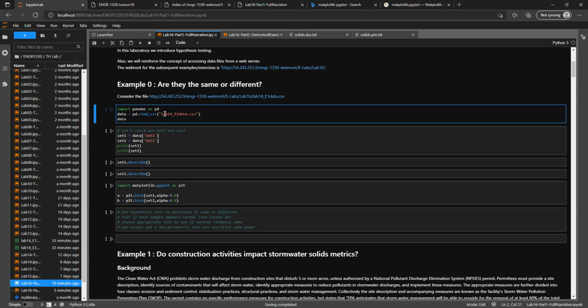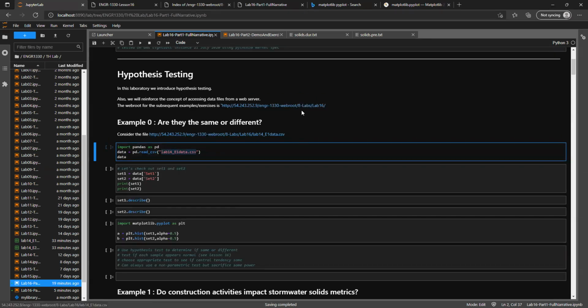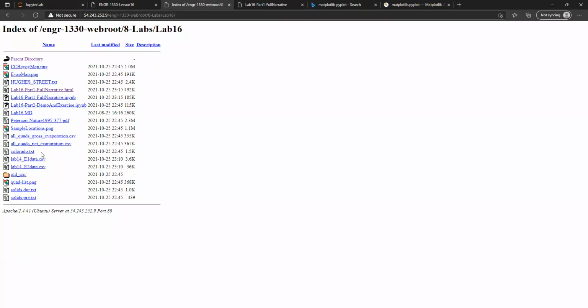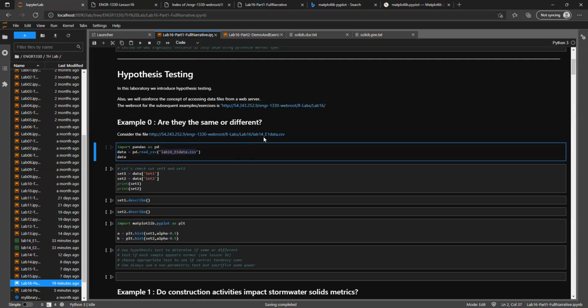We have a CSV file somewhere. There's a link here, but I've been using the web root. So that's linked here. We have a CSV file. And what does that mean?